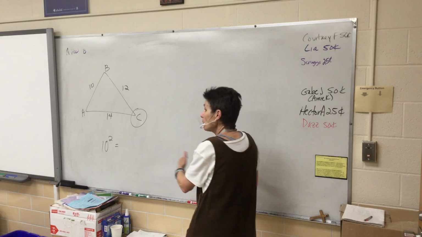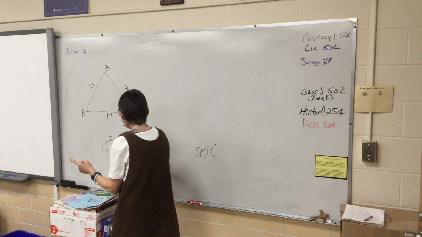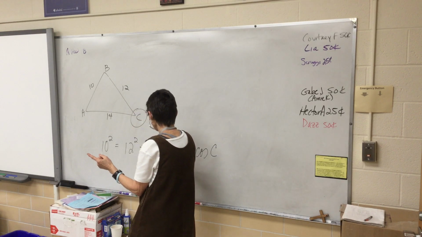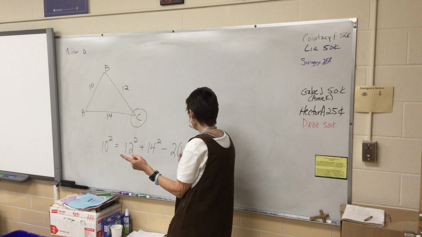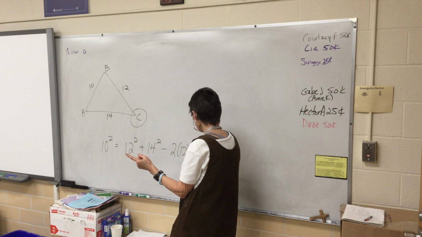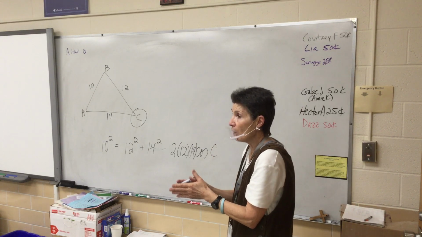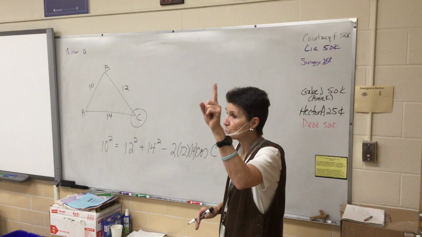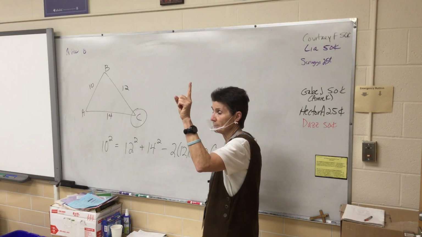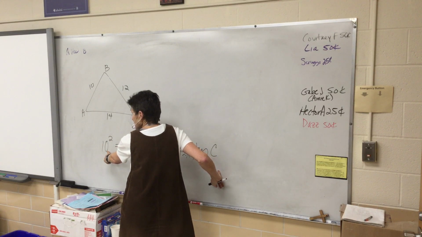Now, what's going to go in the middle then? 12 squared plus 14 squared minus 2 times 12 times 14. So remember, when you do the law of cosines, whatever angle you're using, you only use one. There's only one angle in this problem. If we're doing angle C, then side C is over here.